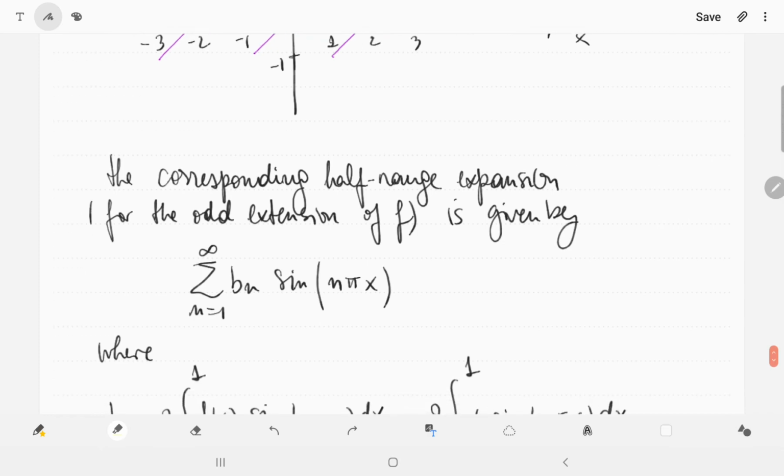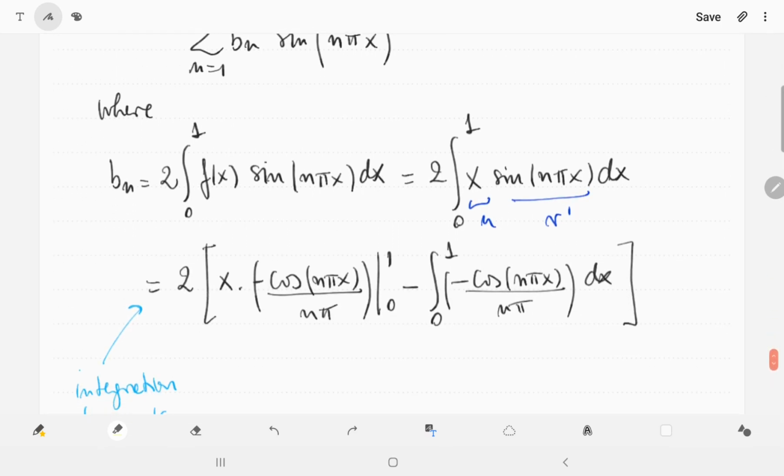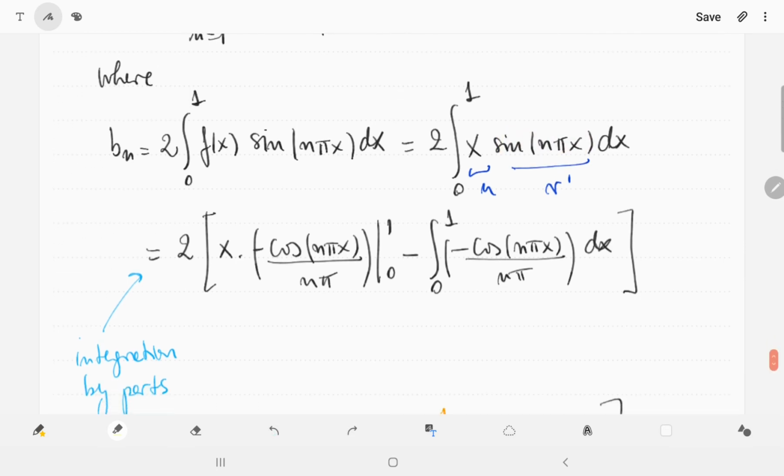Okay, now the corresponding half-range expansion for the odd extension of f is given by this, where we only have the coefficients bn and the sine functions. And we know how to compute this: bn is 2 times the integral from 0 to 1 of f times this sine function. f is just x, and we have this sine function here, again by integration by parts.